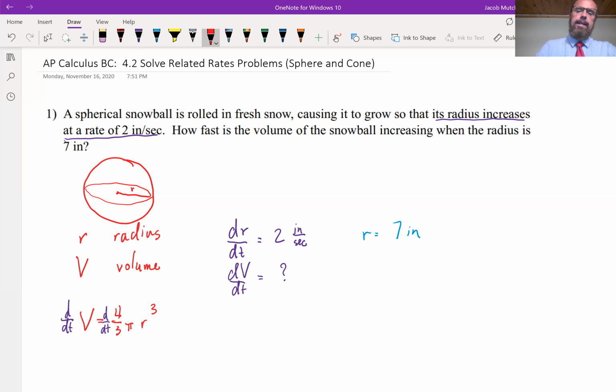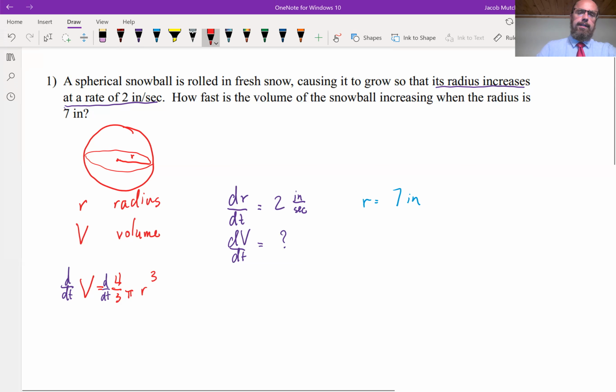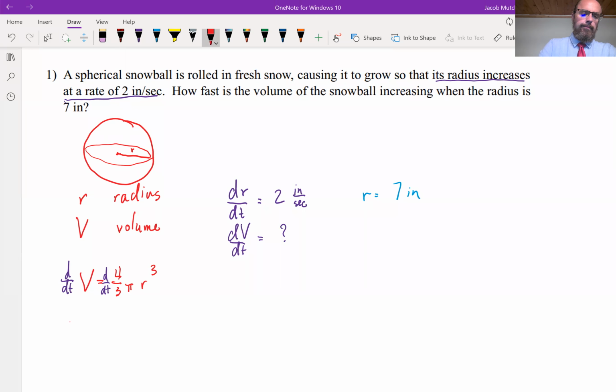So on the left, what that gives us is dV/dt equals, so I've got several constant coefficients there. 4/3 pi is a constant coefficient, that whole product. And then as I take the derivative of radius cubed, I'll bring the 3 power down as a coefficient and multiply times r to the power of 2, 1 less than 3.